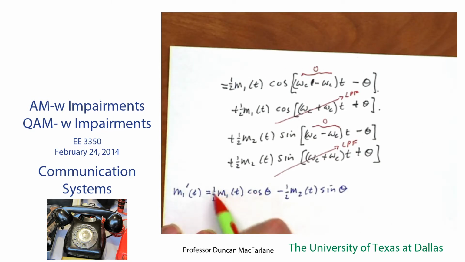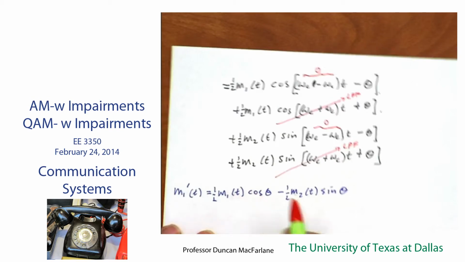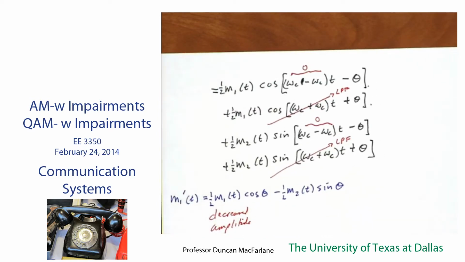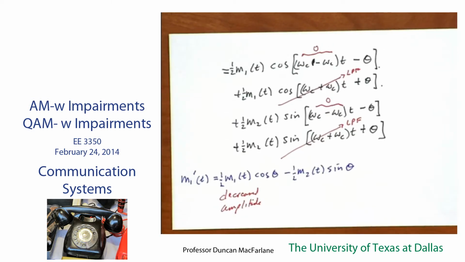So instead of 0.5 m1, this is going to be like 0.45 m1. And so this is my decreased amplitude of the signal that I wanted.